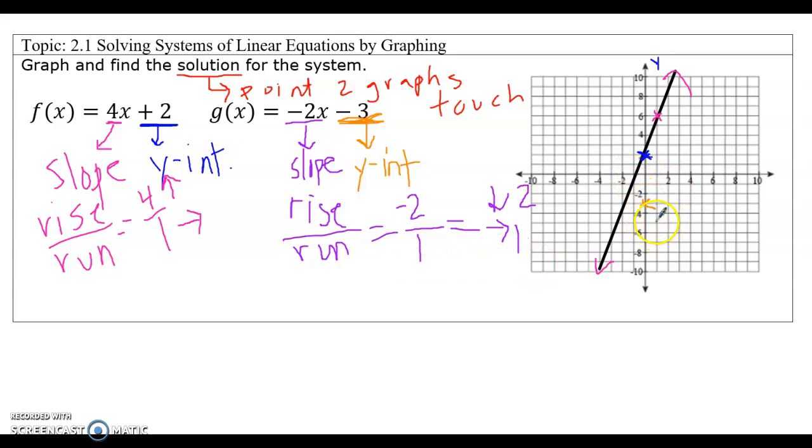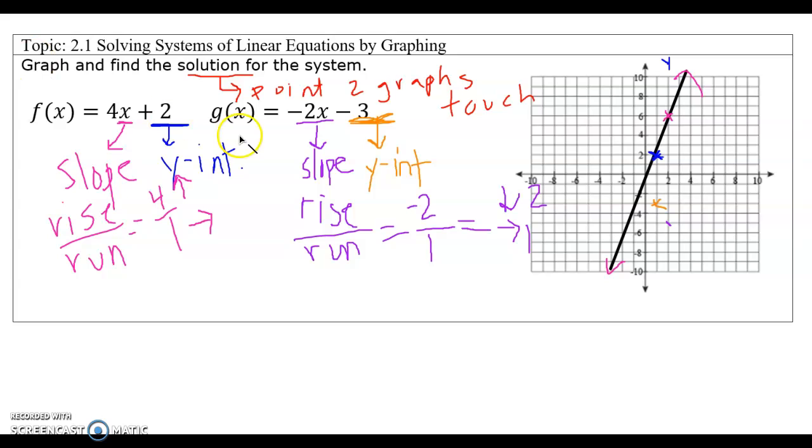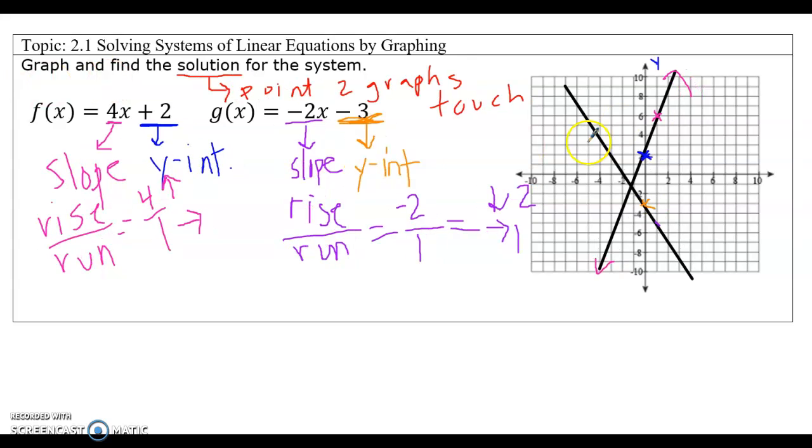So I'm going to go down 2 and to the right 1. Then I'm going to use my tool to connect the dots. That's pretty good. And then I'm going to draw some arrows at the end.